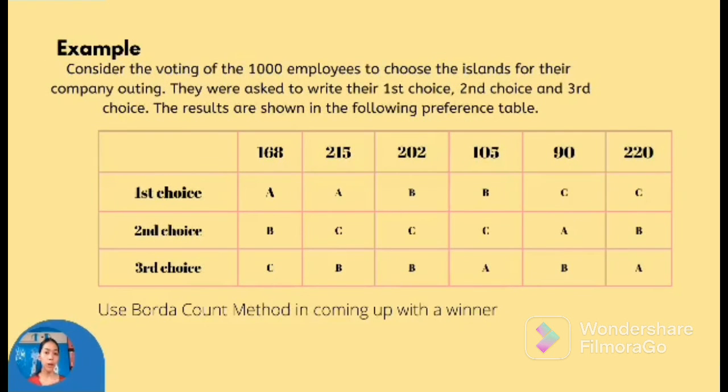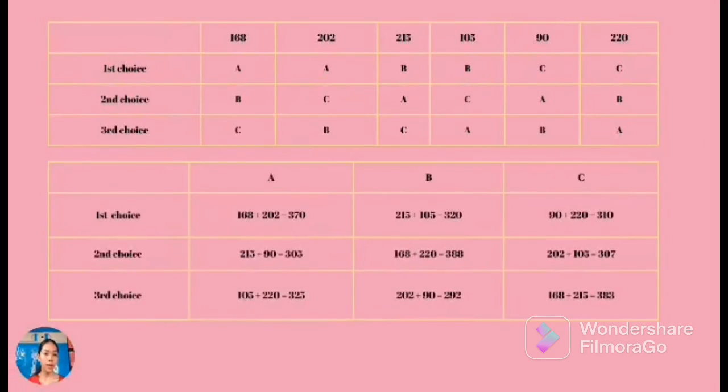So, applying the Borda count method in this example, A has been the first choice 370 times, the second choice 305 times, and the third choice 325 times. B has been the first choice 320 times, the second choice 388 times, and the third choice 292 times.